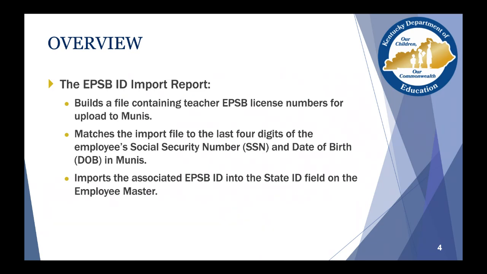It's going to look at the last 4 digits of the employee's social security number and their date of birth to match to pull that in. And it imports the associated EPSB ID into the state ID field on the employee master. So once you've imported this, you should see a number in the employee master screen under state ID.